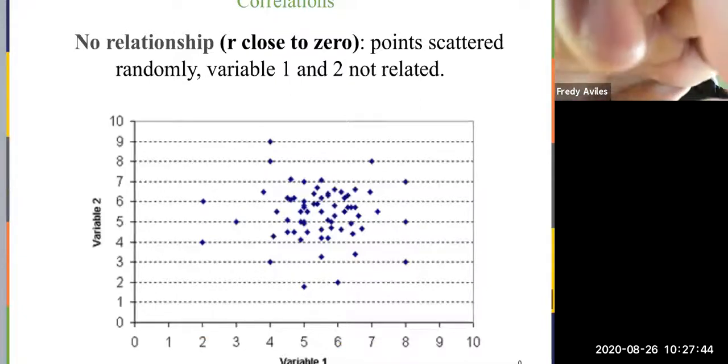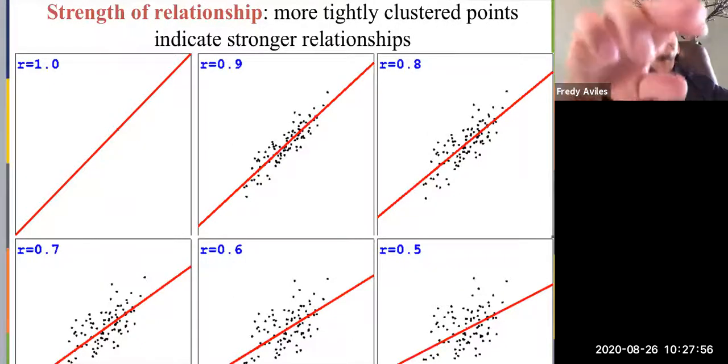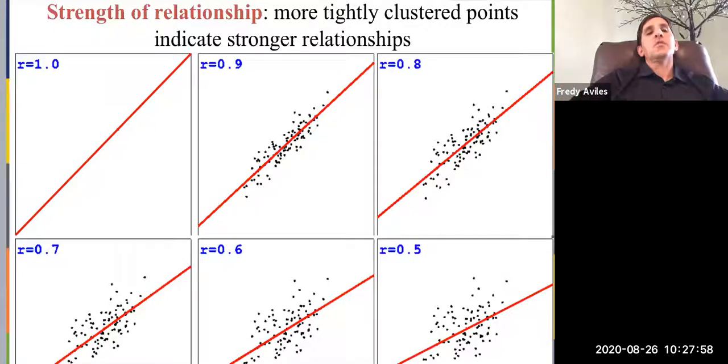Now we need to know about the strength of a relationship. The strength of a relationship is indicated by how tightly clustered the points are around the line. I told you before that R is a number that varies between -1 and +1. So 1 is about as strong as the relationship could be.